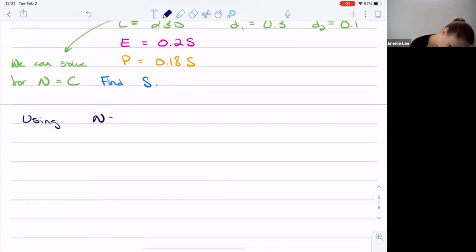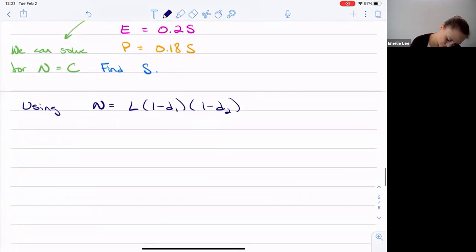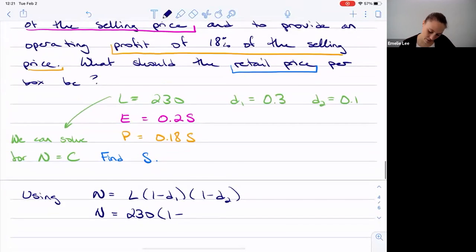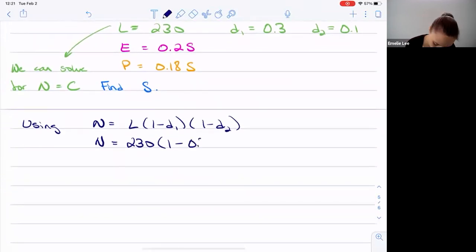Using N equals L times 1 minus D1 times 1 minus D2, we find that the list price we decided was $230 times 1 minus 0.3 times 1 minus 0.1.